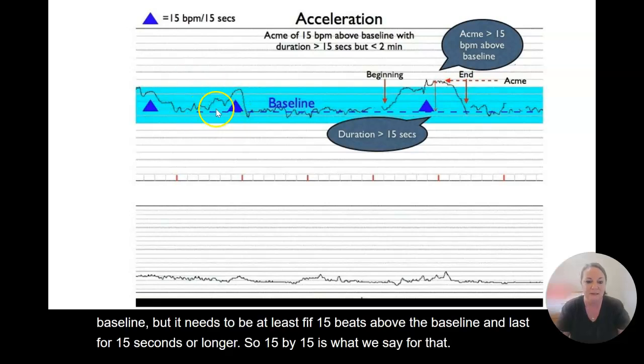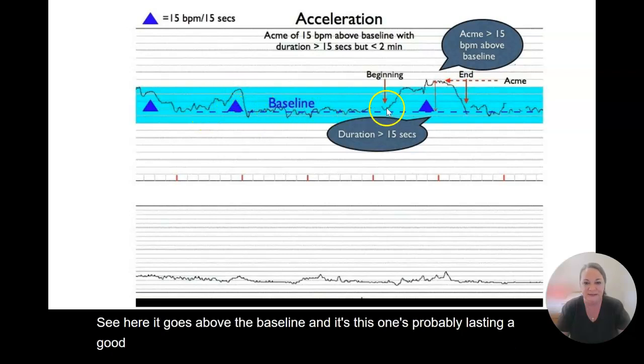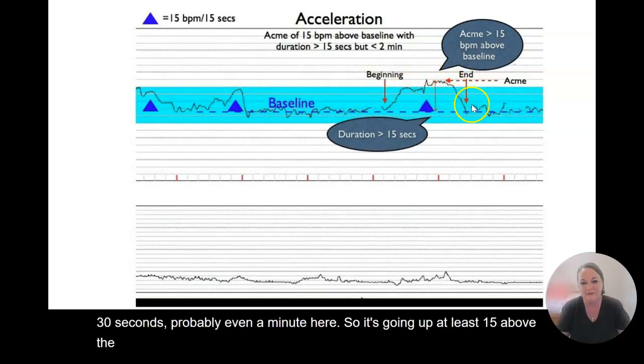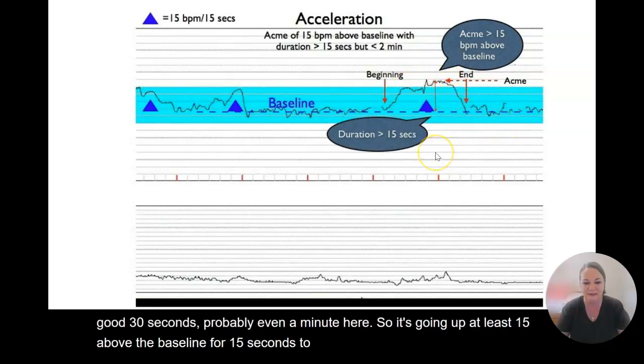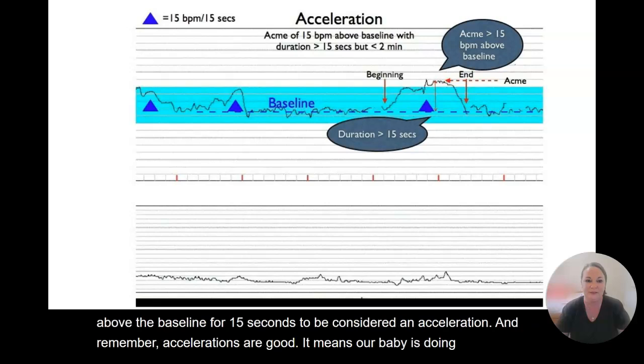See here, it goes above the baseline, and this one's probably lasting a good 30 seconds. This one is probably even a minute here. So it's going up at least 15 above the baseline for 15 seconds to be considered an acceleration. And remember, accelerations are good. It means our baby is doing well and well oxygenated.